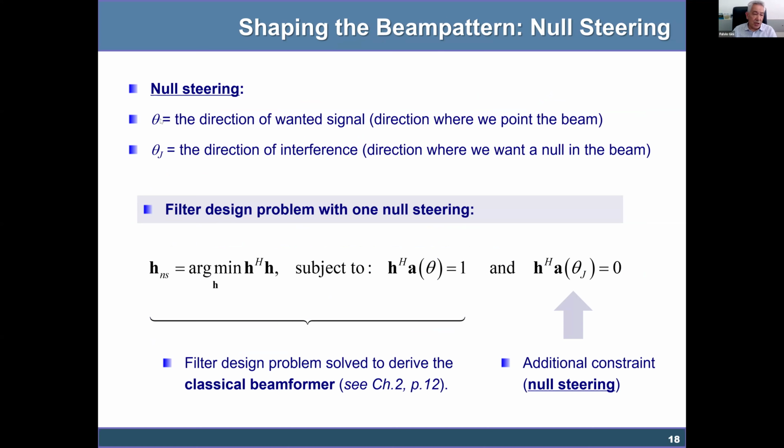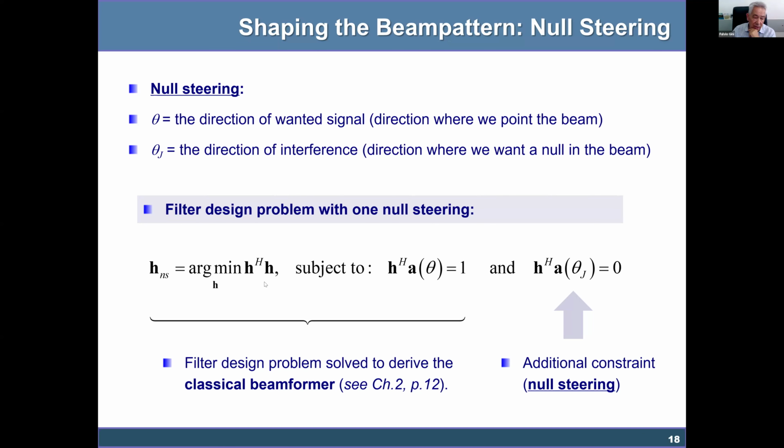So let's assume that you want to steer the beam in direction theta. And you know that from angle theta j, there is an interference. So we reconsider the previous design problem. If you remember, the approach was to assume that Ry is the density matrix.